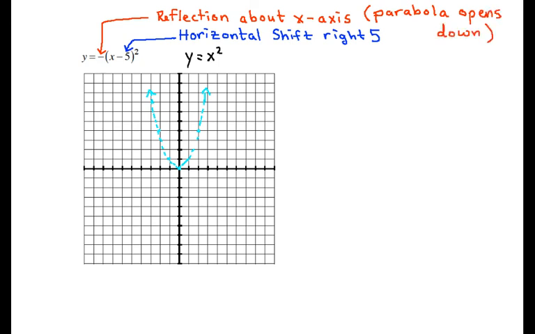And I want to shift it right 5, which is going to move the vertex from the origin to 5, 0. So I'm going to redraw my parabola shape now here, going down instead of up, but drawing in all of the points that are on the graph of a parabola relative to my vertex, not relative to the origin. And I get my transformed graph.